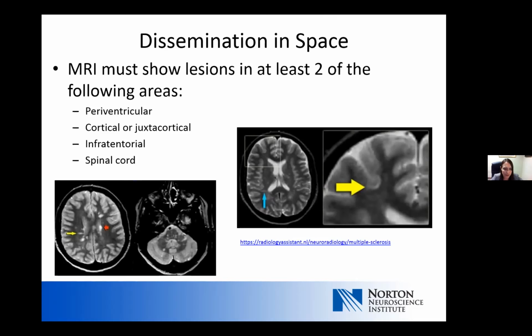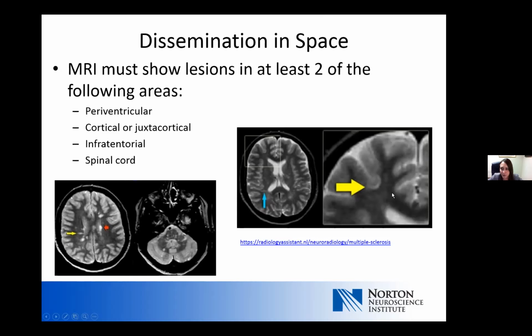This image showing the brain down on the left side, not sure if you guys can see my arrow, shows some periventricular lesions or Dawson's fingers, which are very typical for MS. Next to it shows some images of lesions in the brainstem and in the cerebellum. And then over on the other side, you can see this very typical juxtacortical lesion.